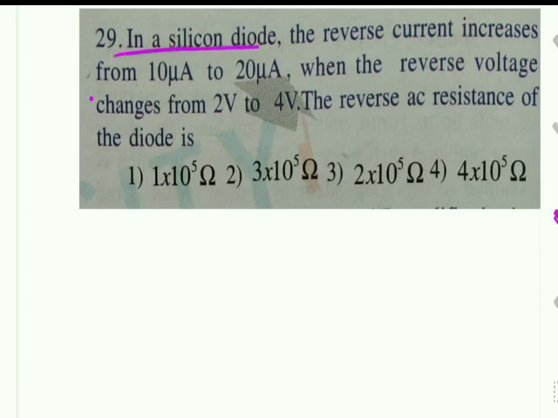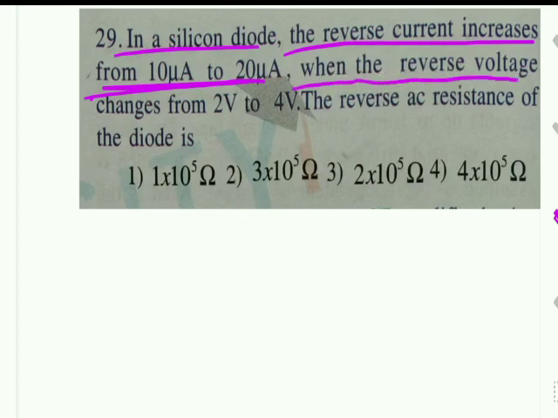In a silicon diode, the reverse current increases from 10 microamps to 20 microamps when the reverse voltage changes from 2 volts to 4 volts. The reverse AC resistance of the diode is?